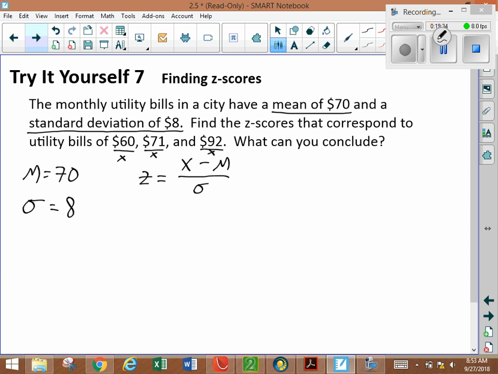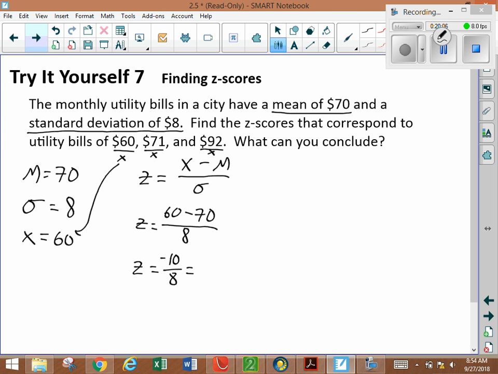So for our first problem, our x is 60. We're going to plug that in here. So x, 60, minus my mean, or mu, 70, divided by my standard deviation, which is 8. What's that going to be? z is equal to negative 10 over 8.